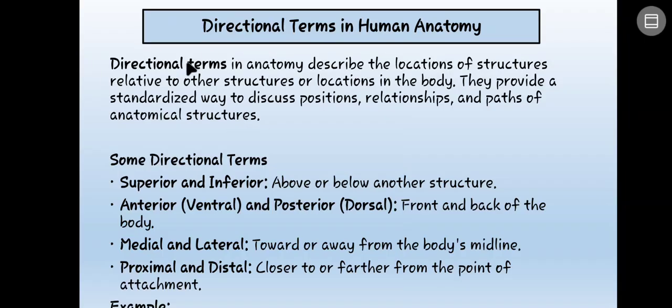Directional terms also provide a standardized way to discuss positions of organs, positions of tissues, and their relationship with other organs and parts of anatomical structures. Now let's look at some directional terms we have in anatomy.